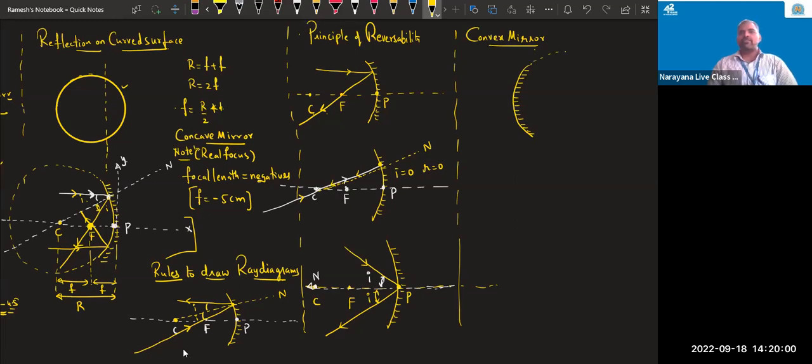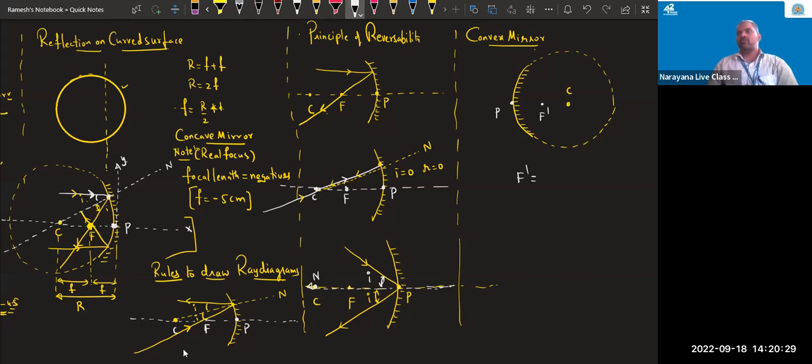If you extend the edges, what do you get? You will get one sphere with the pole at P and the center of curvature C on the right side. Between them is the focus. Be careful.